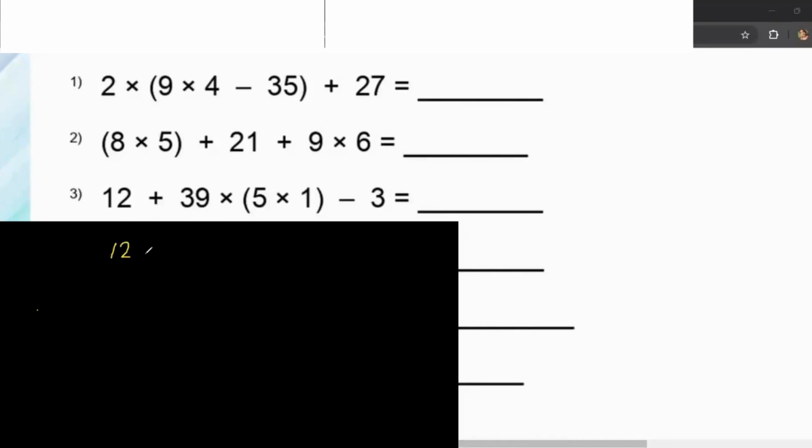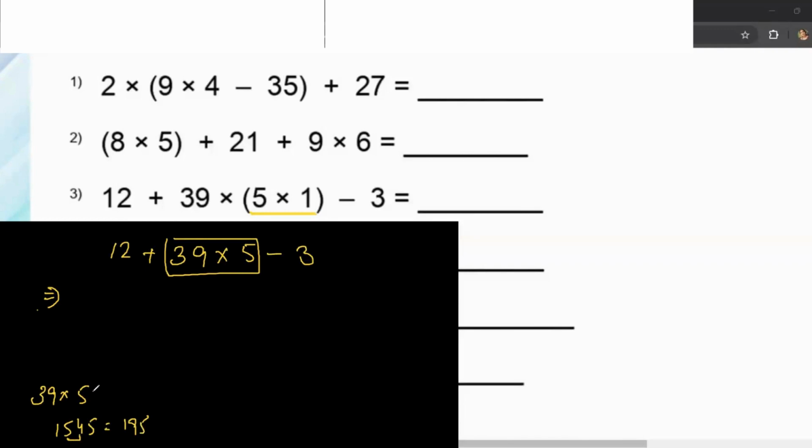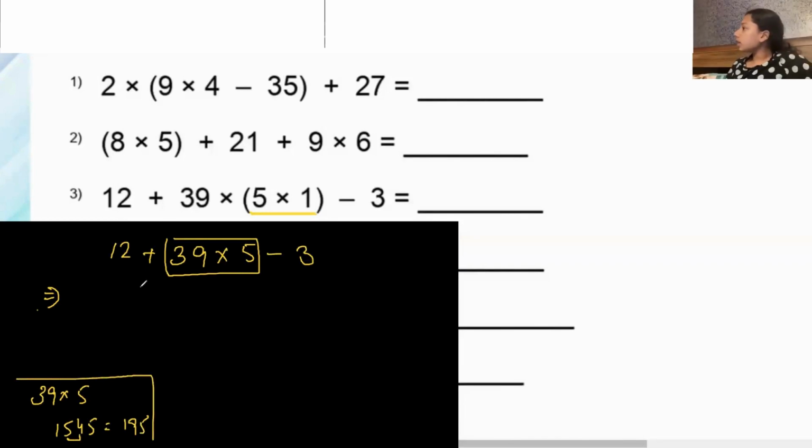This is 12 plus 39 times 5 minus 3. I've solved the bracket first. Now 39 times 5 you will solve first. Right or not? So 39 times 5 would be 195. This is how we do it with the Vedic math trick.